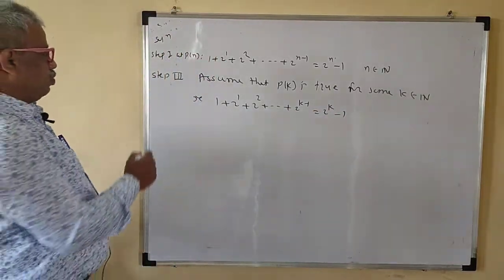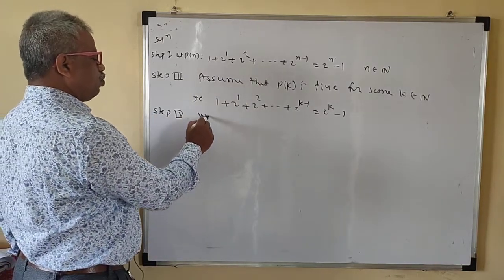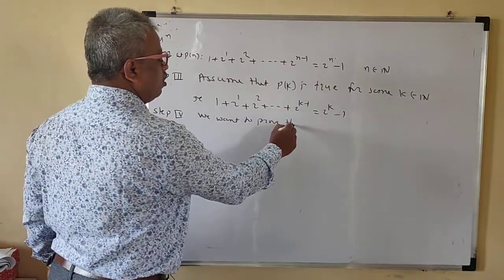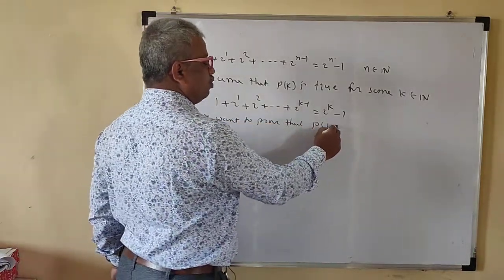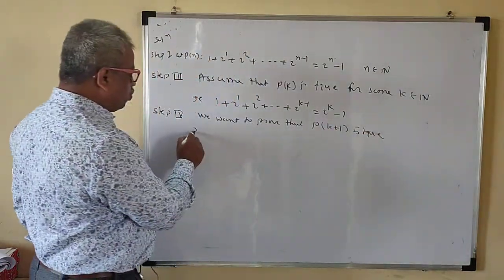This is true. Okay. Step 4. This is very important. Step 4. We want to prove that Pk plus 1 is true. That is to prove that.